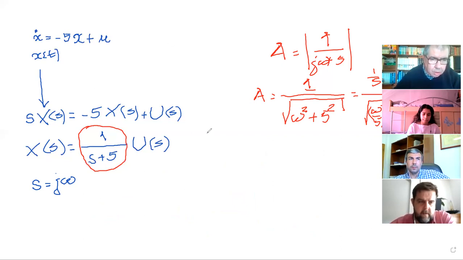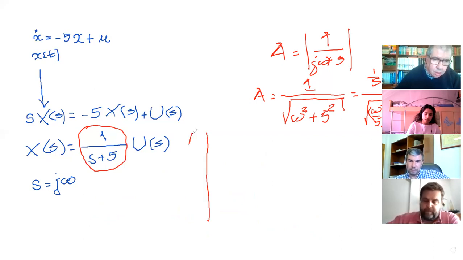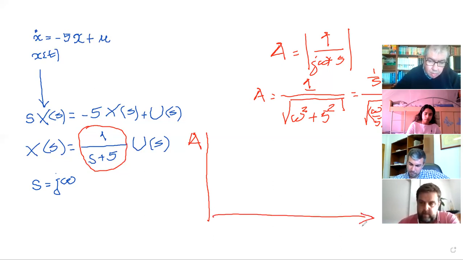If you do a plot of the gain as a function of the frequency, for omega very small, you get 1 divided by 5.